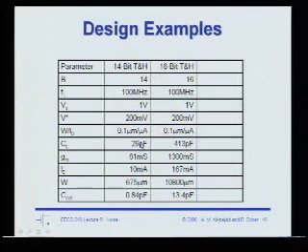To get this resolution, 14 bits, we need 26 picofarads of capacitance. This is our GM in order to get the settling time. This is our total power consumption, and this is our device size. And remember, the devices are equal.